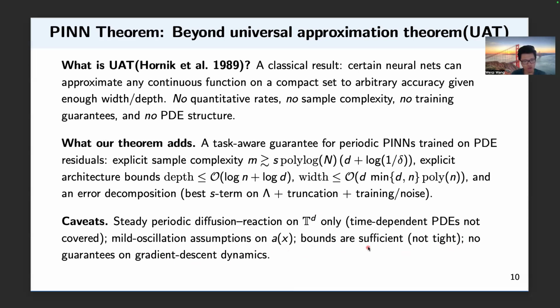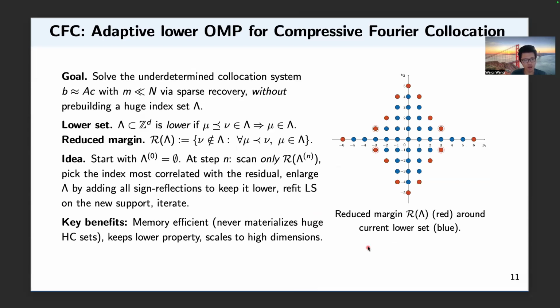So let's switch to the compressive collocation method. The idea is that we write the solution as a few periodic waves. We do not build a huge list first. We grow the list as we go. The first idea is that we would like to keep lambda as a lower set.